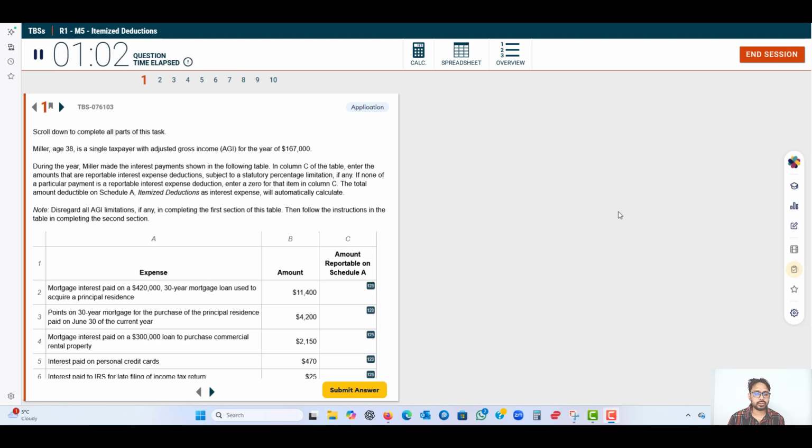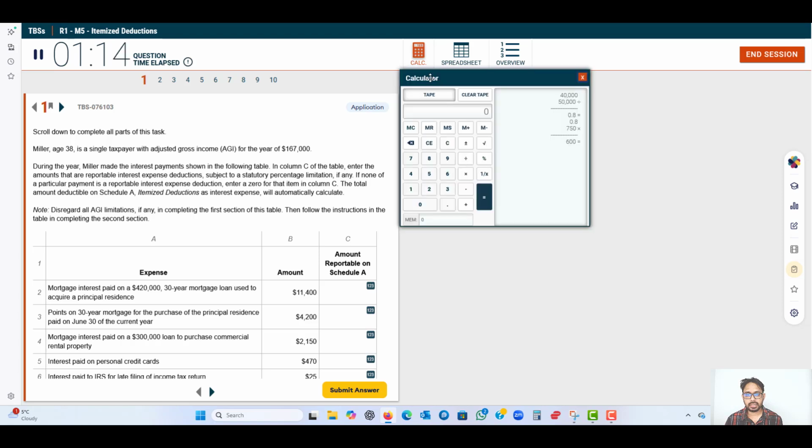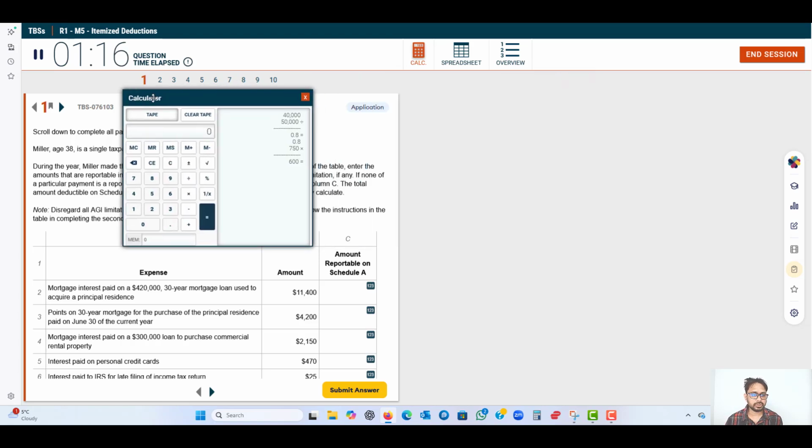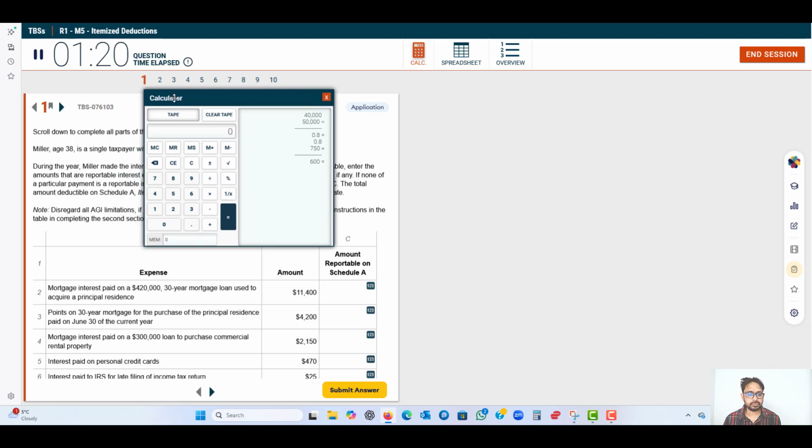So today we will discuss the difference between standard and itemized deduction. Suppose every person has a standard deduction amount every year, and if you are a single person in 2025, your total standard deduction amount is $15,750.